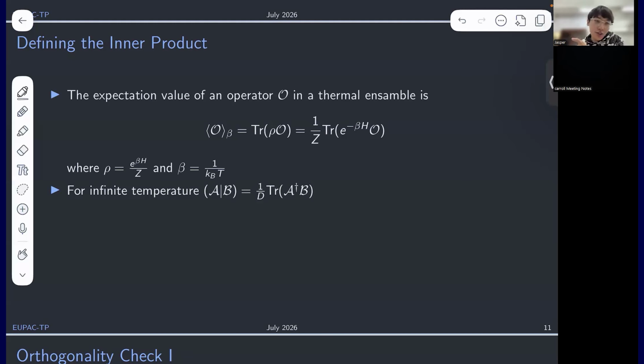The expectation value in statistical mechanics of an operator is given by the trace of the operator multiplied with the density function.